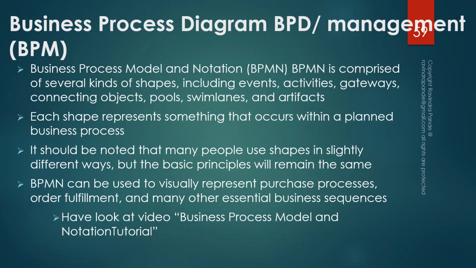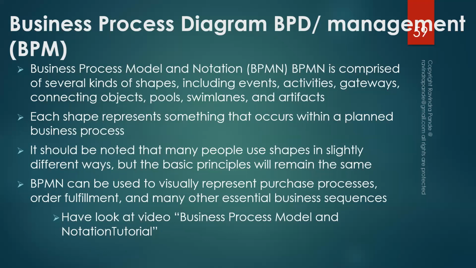Business process model and notation, BPMN, comprises several kinds of shapes, including events, activities, gateways, connecting objects, pools, swim lanes, and artifacts. So here we are talking about a mix and match of all these diagramming tools and techniques to show a business process or to denote a workflow. Each shape represents something that occurs within a planned business process, how it's contributing, what things are changing, and so on and so forth.